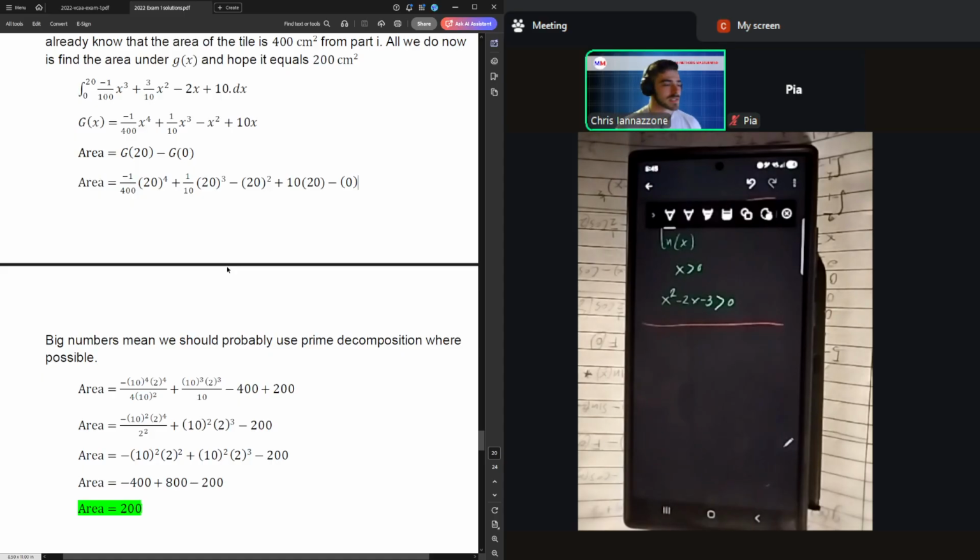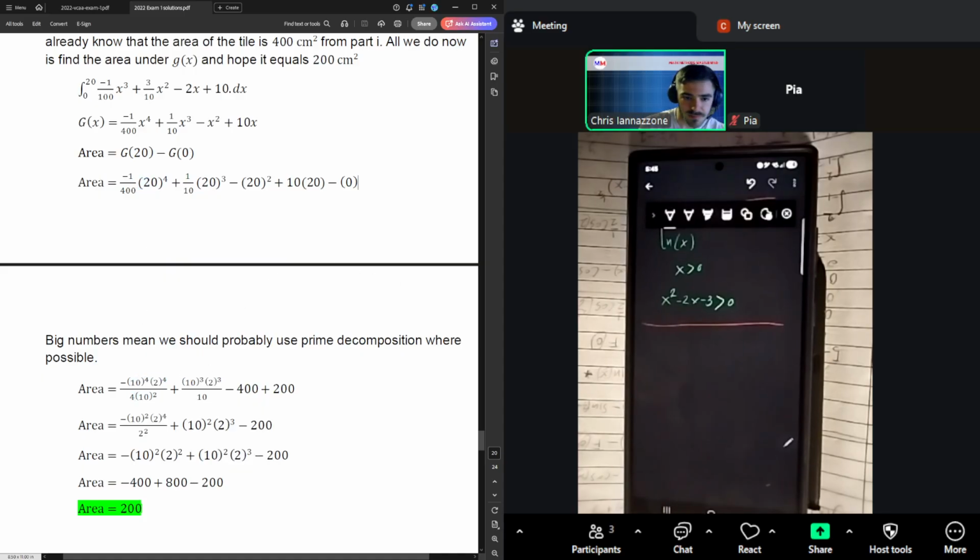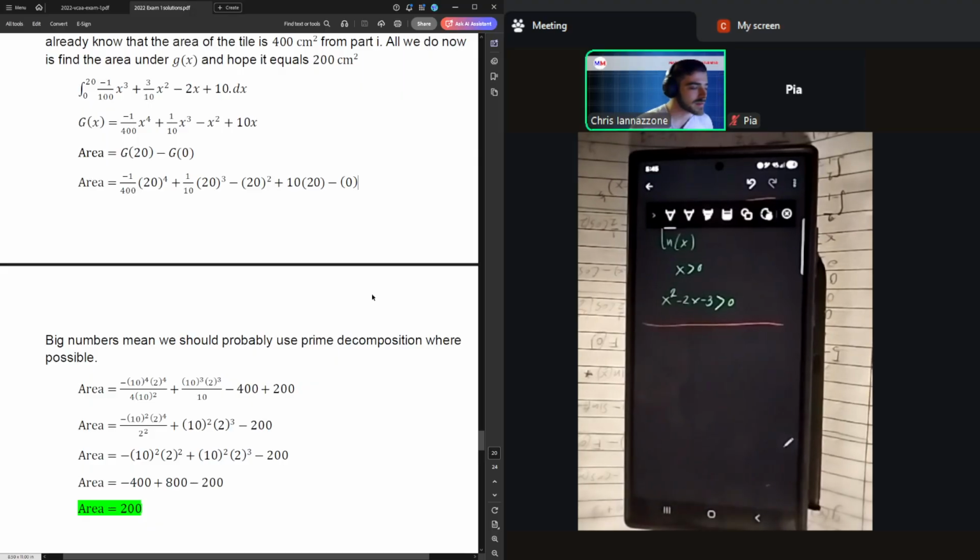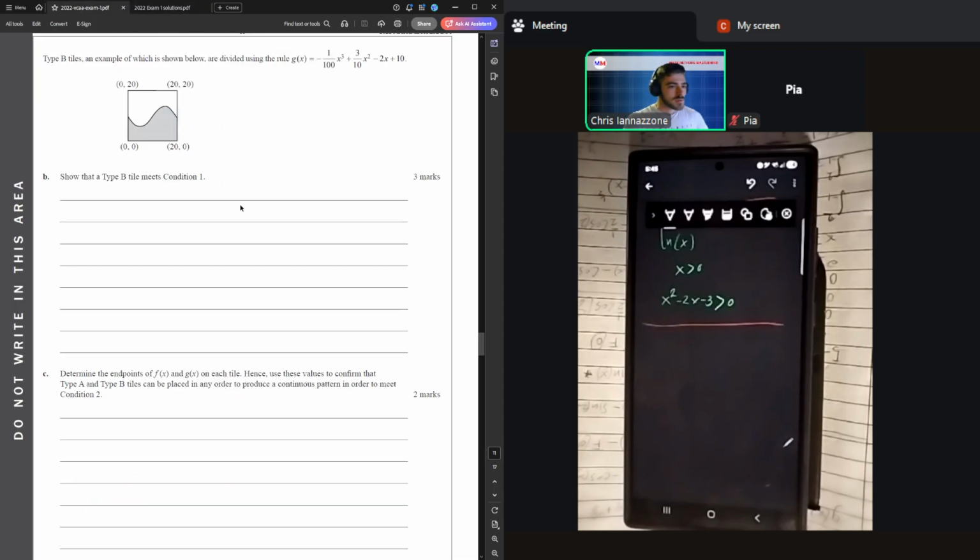So one of the things I can recommend there is to break things down into common factors. Like this 400 in here, you can split the 4 off of it and make it 10 squared. And so eventually the idea is you keep splitting things down until you can cancel things out a lot nicer, rather than having to expand everything all the way out and then simplify it all the way down. But you've got a copy of those notes so you can refer to that when you do them yourself.